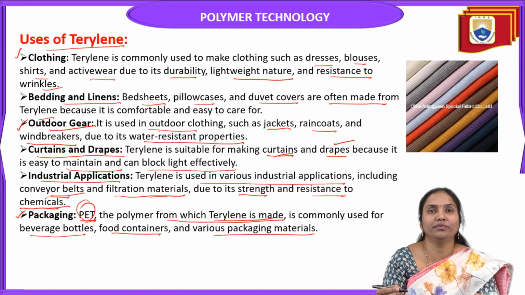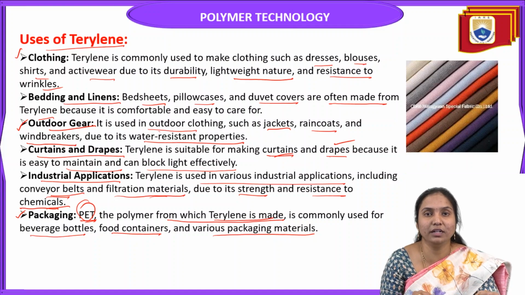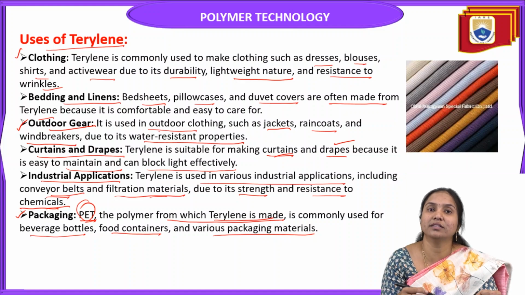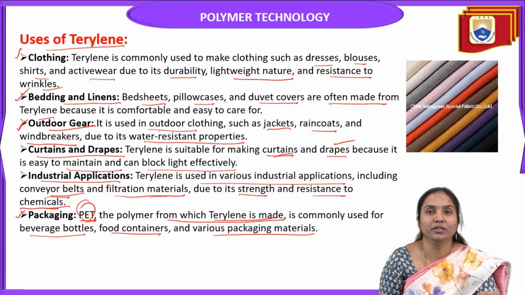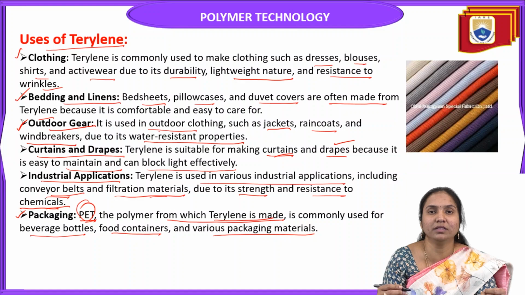So what are the uses of Terylene? It is mostly used in the textile industry because of its durability, lightweight nature, and resistance to wrinkles. It is also used in bedding and linens, that means making bed sheets, pillow covers, duvet covers, because of its comfort and ease of care. The third one is outdoor gear. It is used in outdoor clothing, that means jackets, raincoats, windbreakers. Why do we prefer this material?